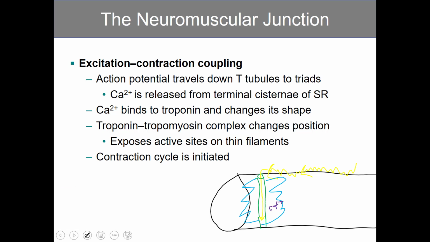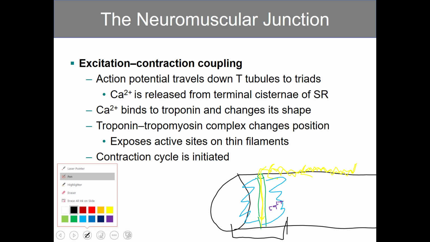in the sarcoplasmic reticulum. So as the action potential, and I'll go back to yellow, as the action potential travels along the sarcolemma, it travels down the T-tubules, and it is the arrival of the action potential at the triad. Remember, the triad consists of one T-tubule and two terminal cisternae of the sarcoplasmic reticulum.